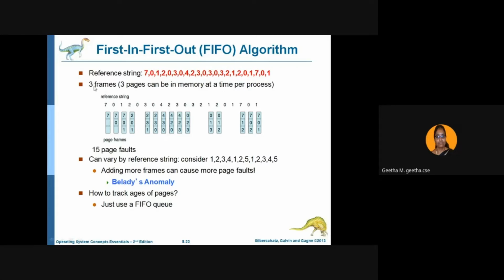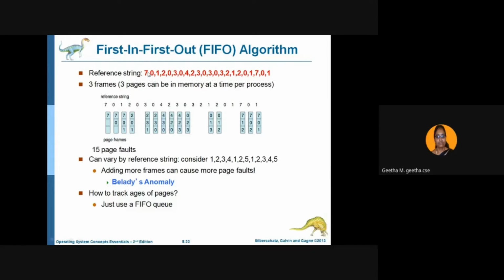In this case, consider the number of frames assigned for each process to be 3 frames, which means that at any point of time, 3 pages can be in main memory. But in the reference string, there are more pages, so definitely there will be page faults. Let us see how this FIFO algorithm handles the page fault, and how it reduces the page faults.